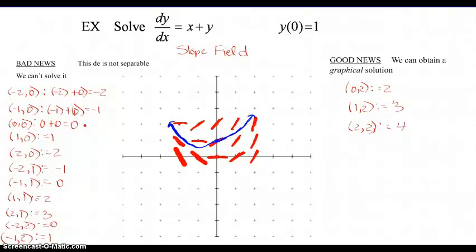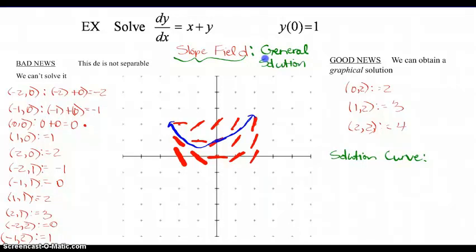So now let's have a discussion of what we mean by a slope field, and then what we mean by the solution curve. Because we kind of know what these things are analytically, let's just tie them into what we have found out graphically. The slope field is equivalent to your general solution. Remember, the general solution was the whole family of functions whose slopes were the differential equation you were initially given. So the slope field itself is like the general solution of a differential equation.